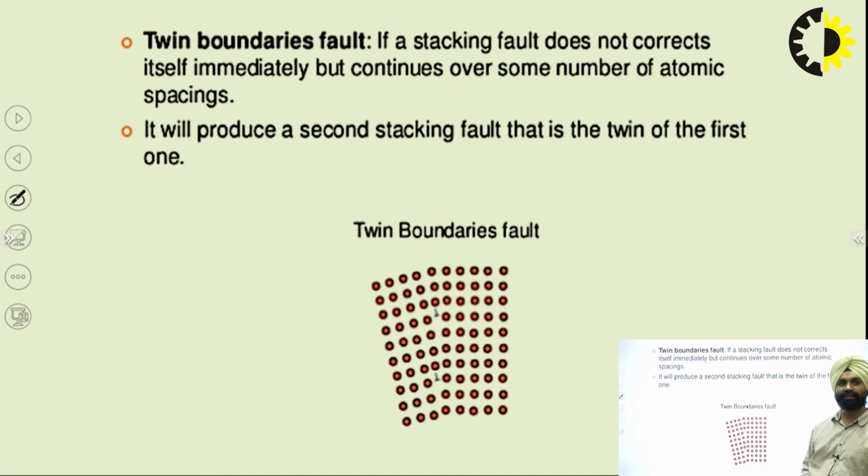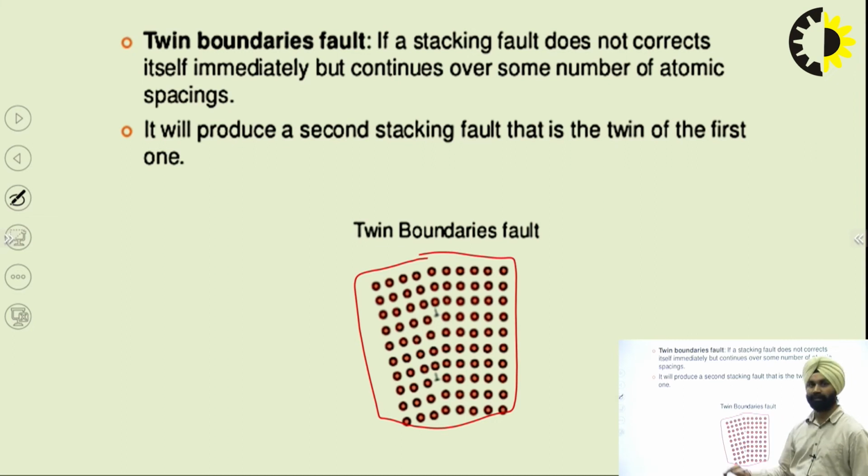So if we visualize these structures, for the twinning fault, we have this whole structure which is almost in single crystalline form, but these two parts have different crystalline forms. Here one part has one orientation and the other part has a second orientation. But overall, it is a single crystalline form where two different orientations are present.